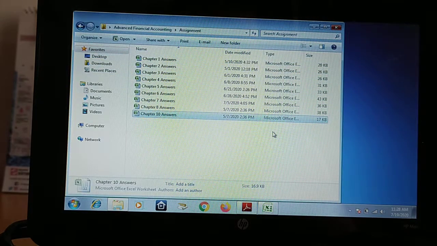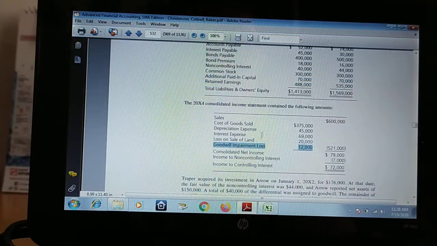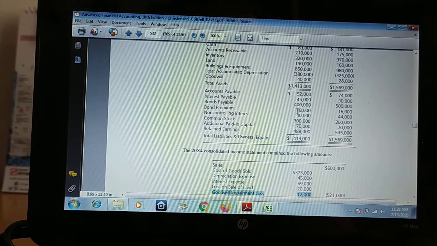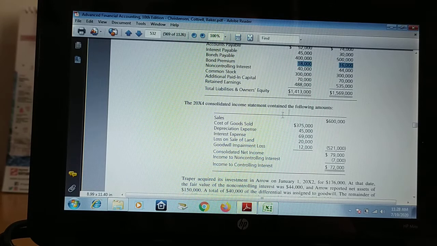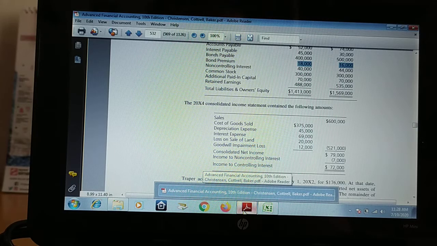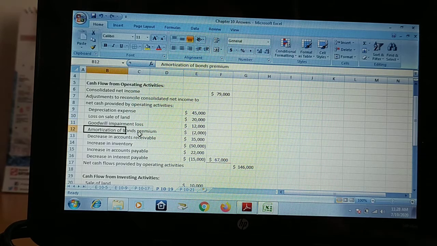And then for the bond premium, it decreased by 2,000. From week 9, we know that a premium decreases the interest expense, while the cash amount stays the same.